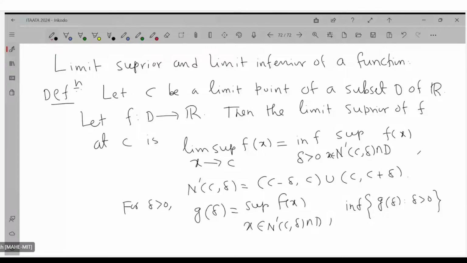Okay, similarly, let me define, I will give, okay, first let's see an example, how it looks for a very simple case. So let's say f(x) equals x, and consider c equals 1, say.